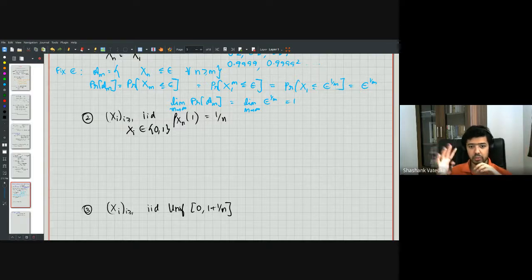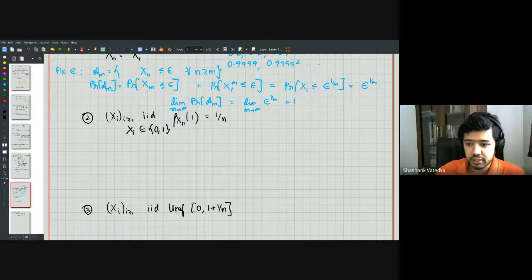So asymptotically, what is the probability that xn is equal to 1? Right, so the probability that xn is equal to 1 is 1 over n. But for large enough n, this is becoming smaller and smaller and smaller, right?